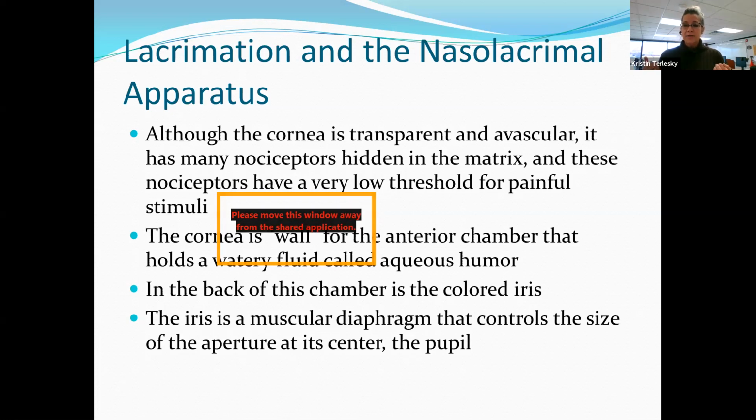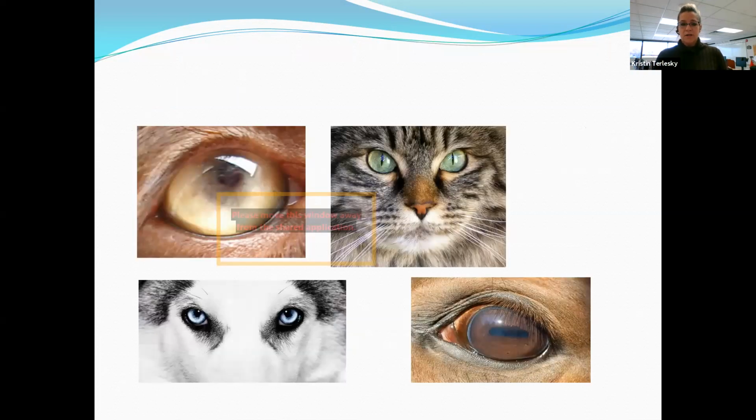So remember that iris is your color, and the pupil is that black that's behind it, the center of it. So some different colors that you can see in the eyes, some different pupils. The one on the left is a dog, and that's kind of a normal dog eye color, a brownish yellow goldy color. And then you have the cat on the right, and you notice the pupils are vertical.